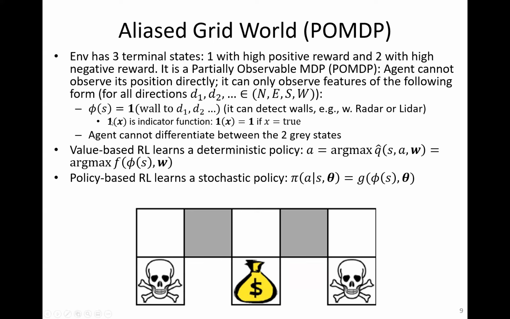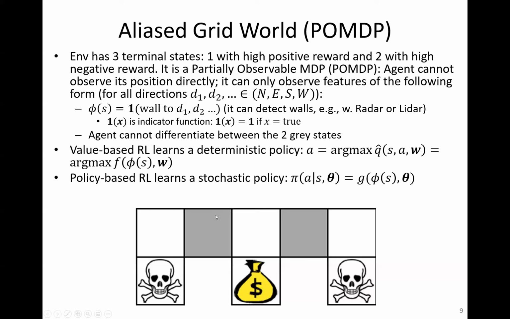Here, this 1 indicates an indicator function, so 1(x) is 1 if x is true. Therefore, the agent cannot differentiate between the two gray states.